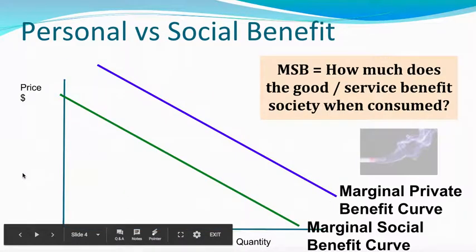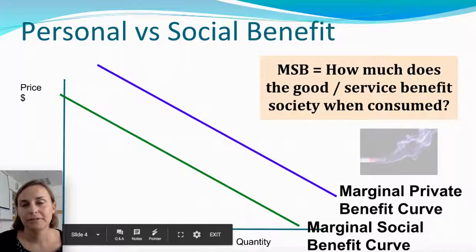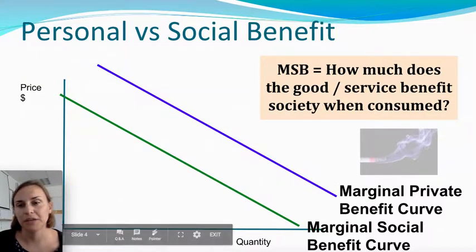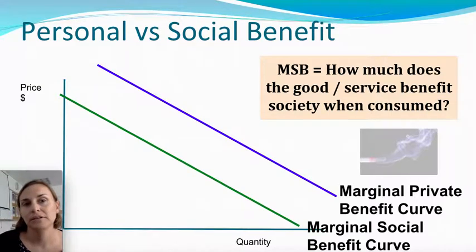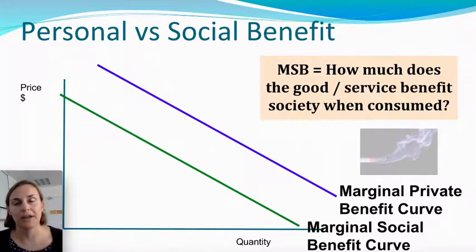Okay. Now we're on to differentiating between private benefit and society's benefit, which is kind of the major theme of market failure. We're not going to see just looking at the consumer and the producer's impact, but how does that affect the rest of us?